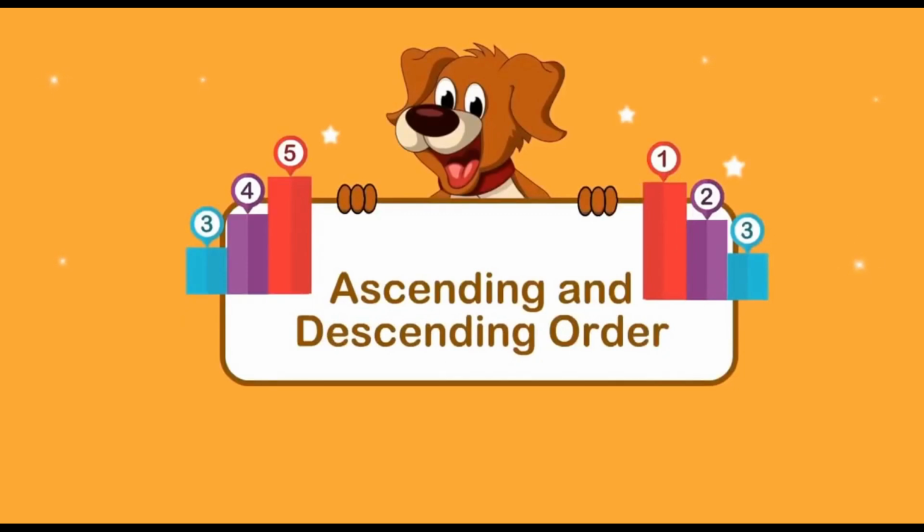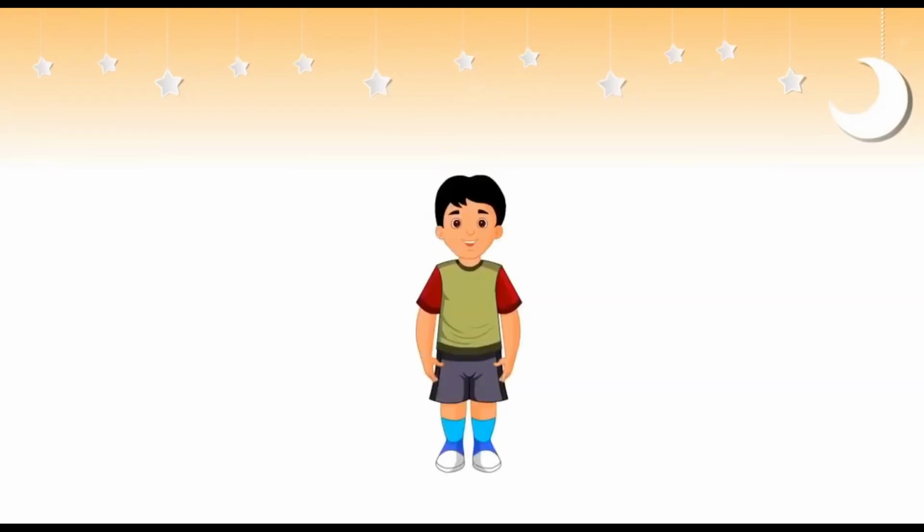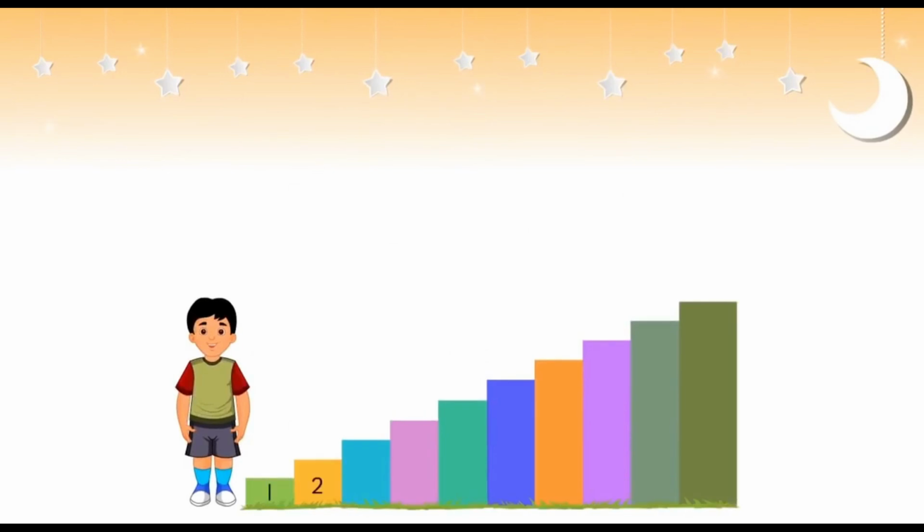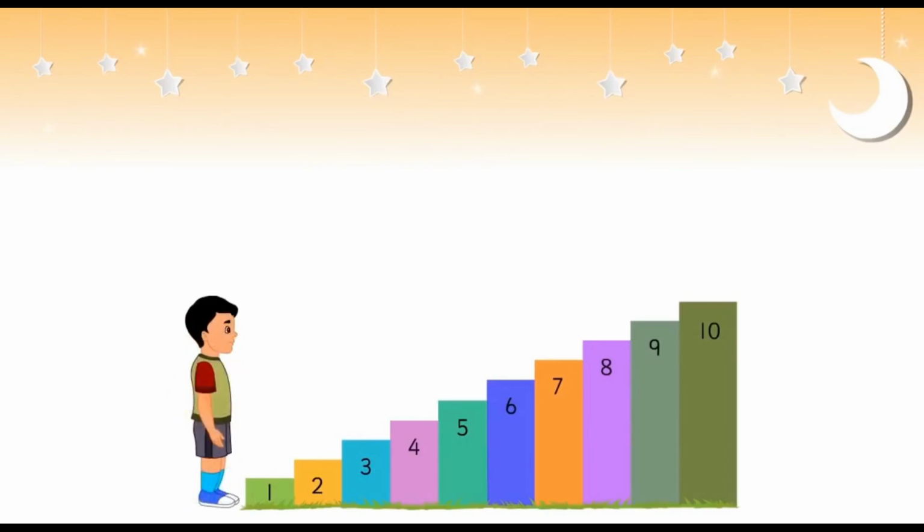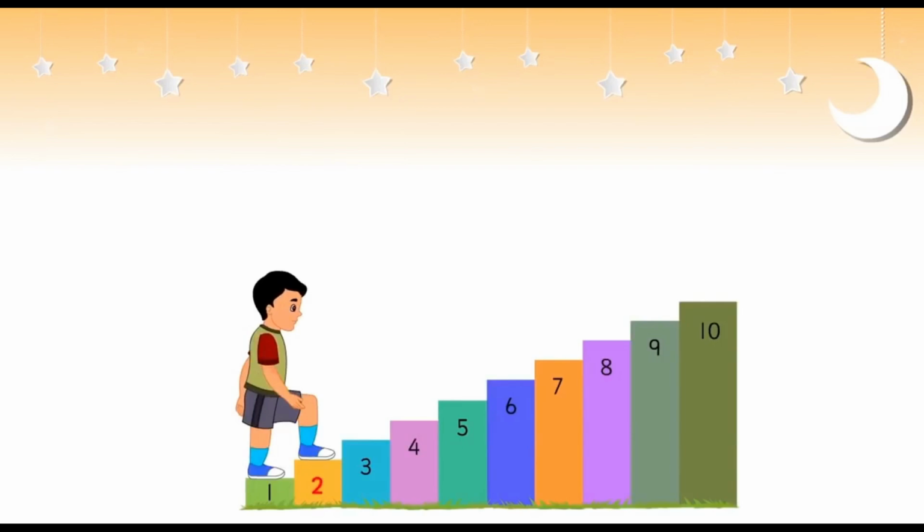Ascending and descending order. Let us meet Rahul. He has to climb which are numbered 1 to 10. Rahul start from number 1. He climbs on to step number 2. To step number 3.